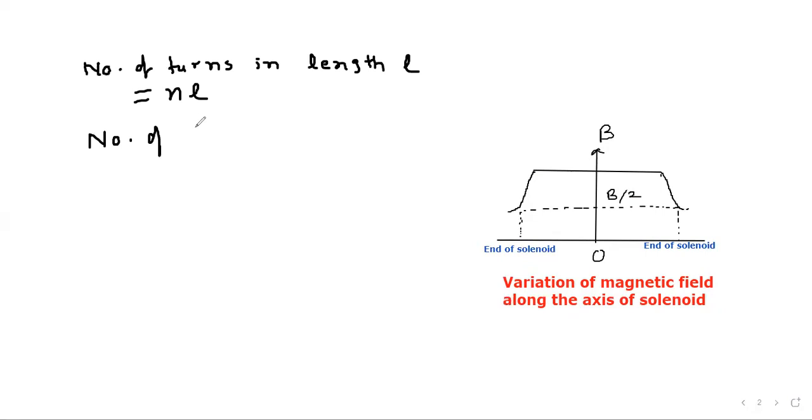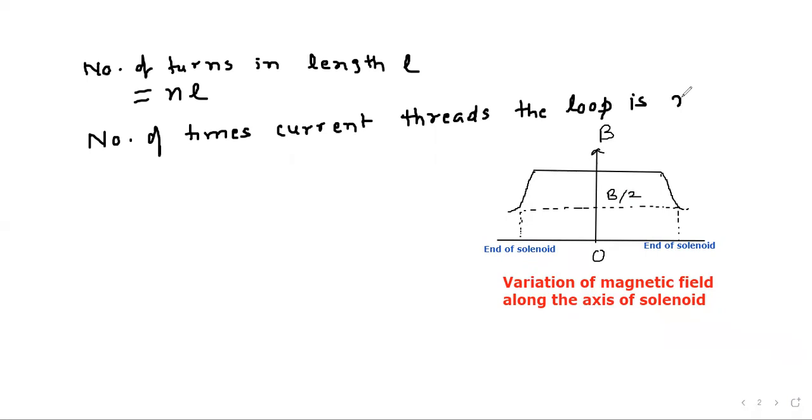Number of times the current threads the loop is NL. Now, the total current threading the loop ABCD will be NIL.